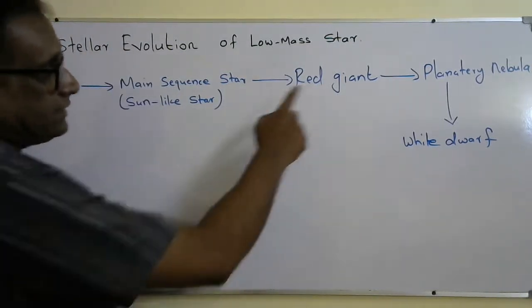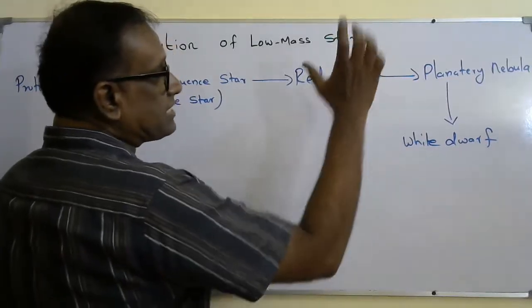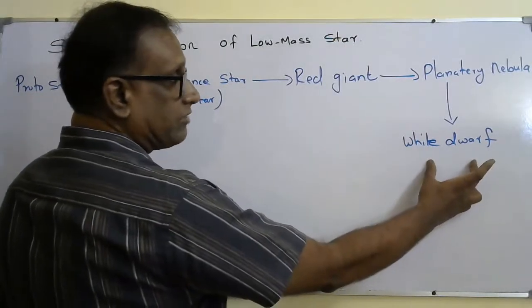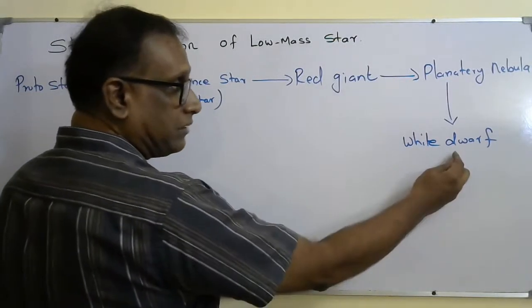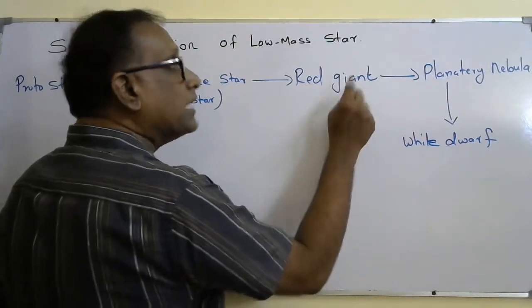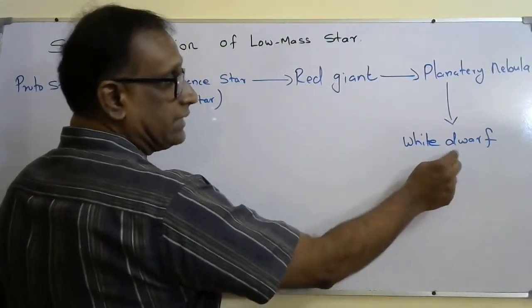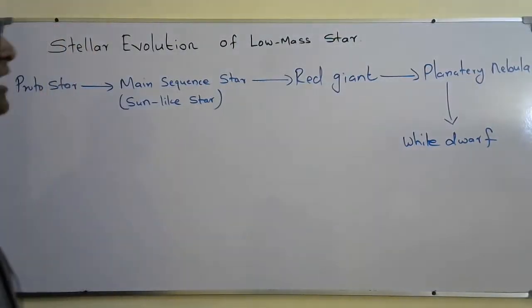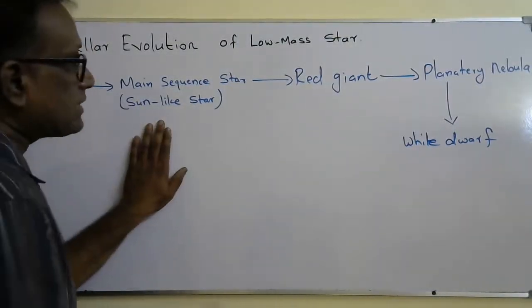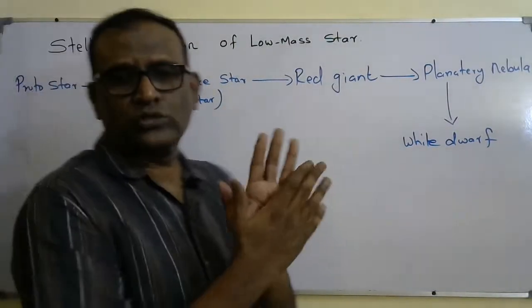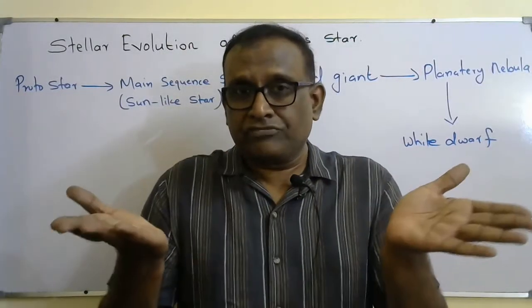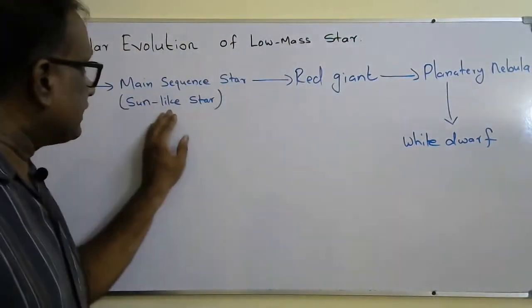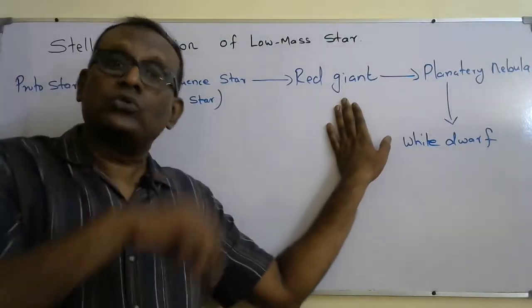When you compare red giant and white dwarf: the red giant has a much larger surface area, the white dwarf a much smaller surface area; the red giant has much higher luminosity, the white dwarf much lower luminosity; the red giant has much lower temperature, the white dwarf much higher temperature. They can ask what's the similarity between main sequence star and red giant. Similarity: both have hydrogen fusion. But the difference is where that hydrogen fusion occurs. In the main sequence, hydrogen fusion occurs in the core; in the red giant, hydrogen fusion occurs in the outer layer.